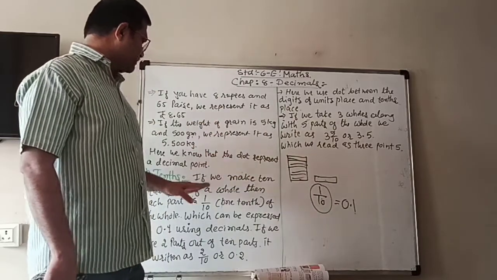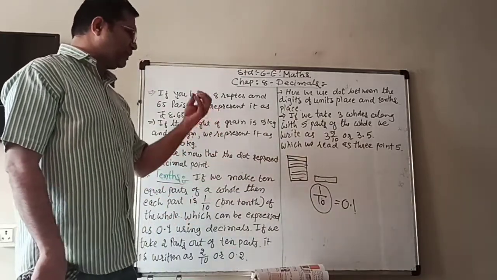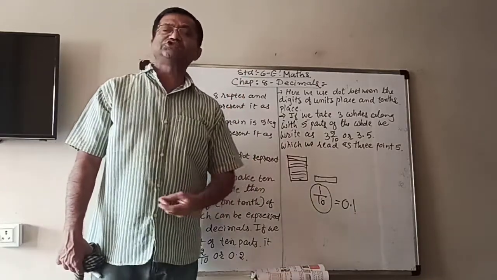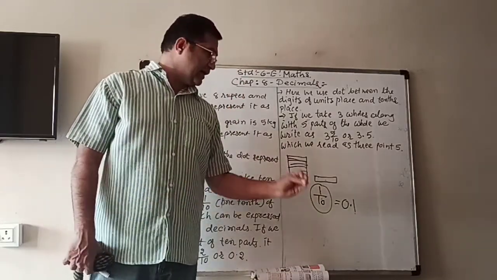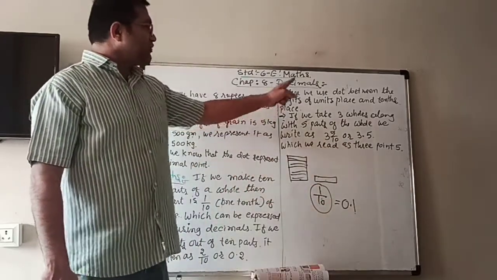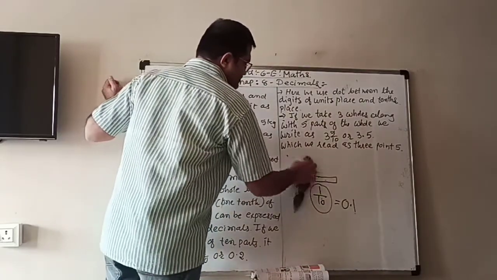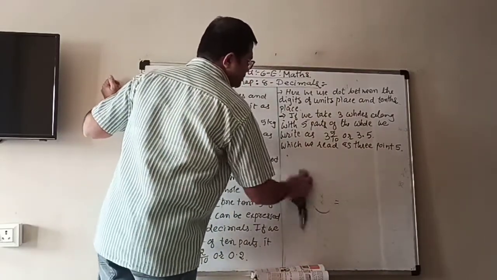So 1/10, then 0.1, 2/10, 3/10 and so on. Then we write them using the dot, and here we use the dot between the digits of the units place and the tenths place.